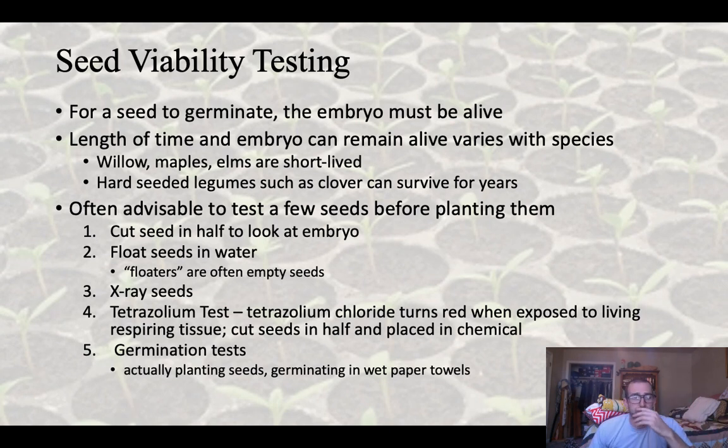So you would discard them, as they don't have a viable embryo. You can x-ray your seeds. There's a tetrazolium test, where you cut your seeds in half and apply tetrazolium chloride, which will turn red when it's exposed to respiring living tissue. So if it turns red, you have a viable embryo still.